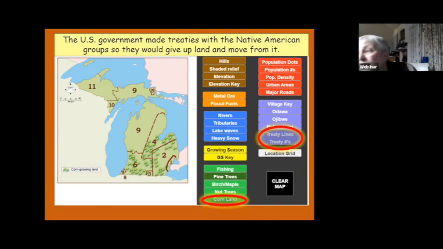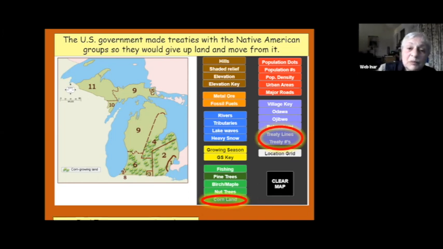And it turns out that the US government, close to the year 1830, made treaties that essentially were called removal treaties. Treaty number 1 was the earliest, number 2 was later, and number 11 was the last treaty made. These essentially removed Native American groups so that European Americans could purchase the land. Sometimes the Native American groups were moved far away.